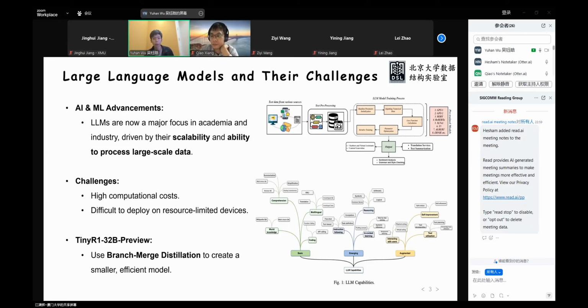However, these models come with challenges: they require extensive computational resources and are difficult to deploy on devices with limited memory. To address this, we propose TinyR1, which applies branch-merge distillation to reduce model size and computational cost while maintaining high performance.